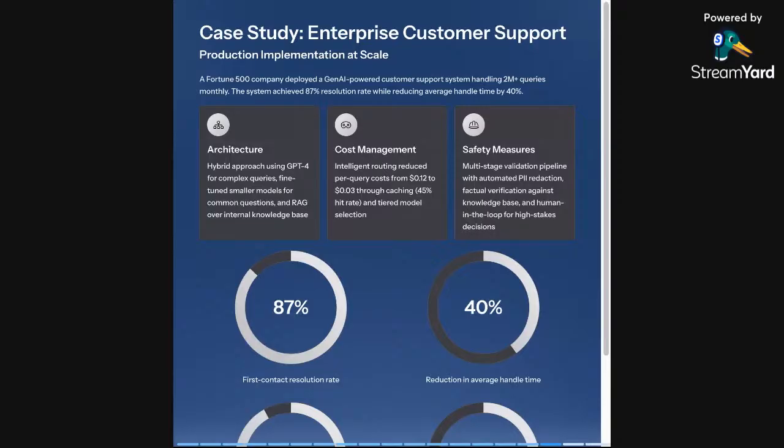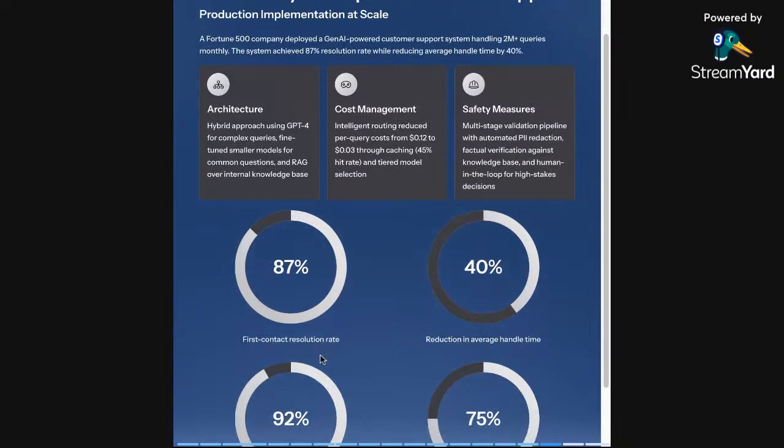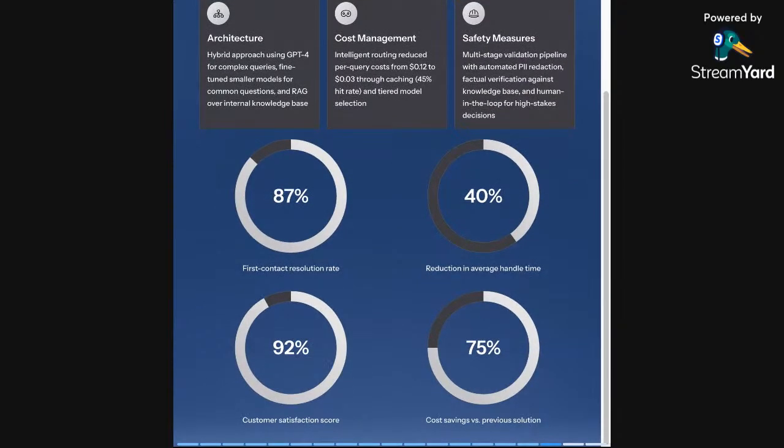So how do we manage the architecture in a way that it can generate the output at less cost, throughout the queries generated each month, week, or quarter, while we also measure safety? Let's say we have RAG, and we approach this architecture in a hybrid way, using not only one model but maybe two models, tuned so they can understand common questions, with RAG over an internal knowledge base.